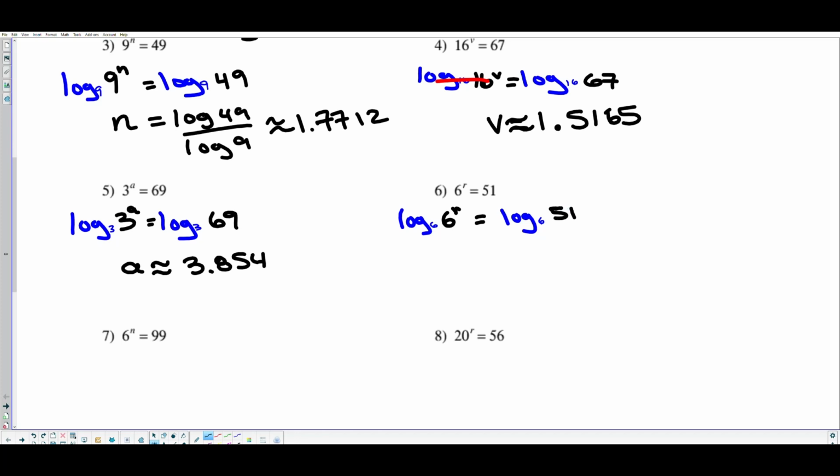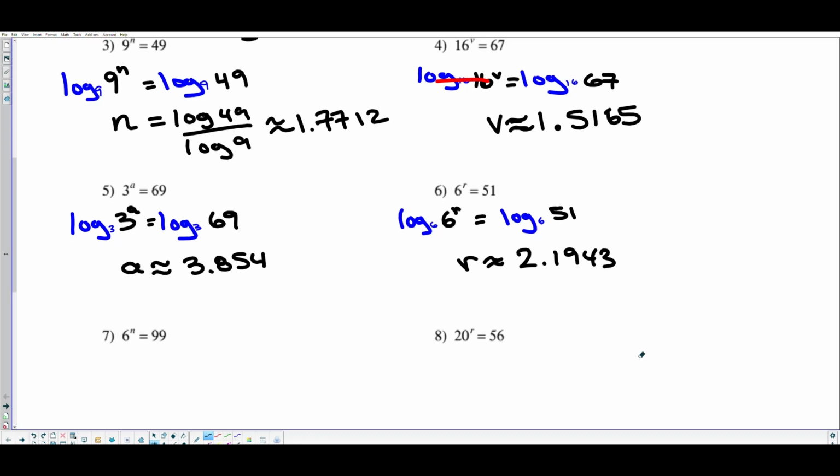That's going to leave me with r approximately equal to, and you figure it out using your calculator. Log or ln, either one is fine. I'm going to go ln 51 divided by ln of 6. That gives me 2.19.